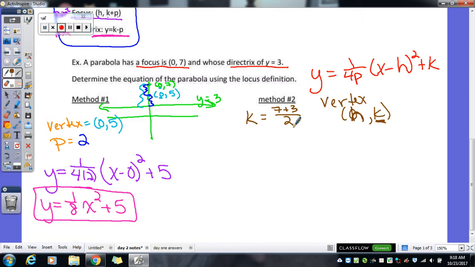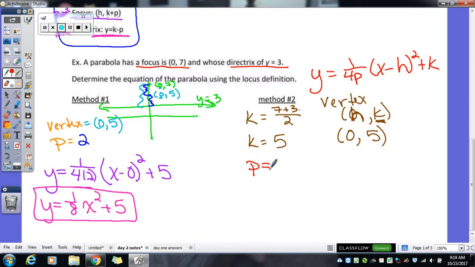So the y value of your focus would be 7 plus the 3 from your directrix, and then divide it by 2, take the average of them. So that would give me a 10, divided by 2 would give me a 5. So that's how we would know that our vertex is 0, 5, because it still has the same x value as your focus. The k value we got by taking the average, so it would be 5.